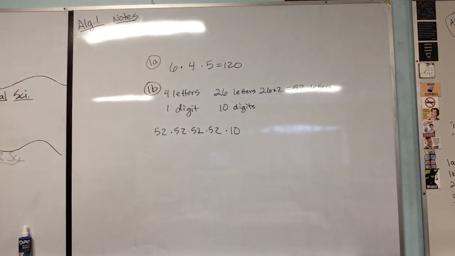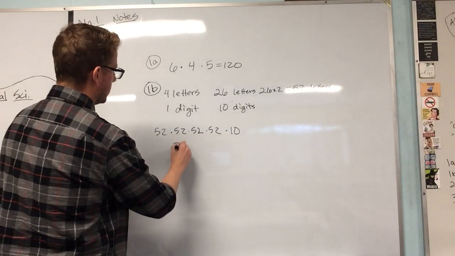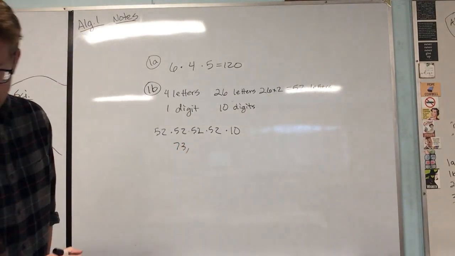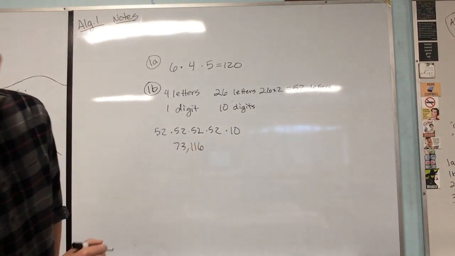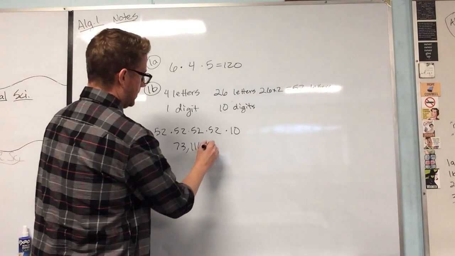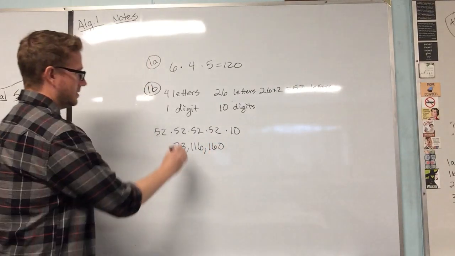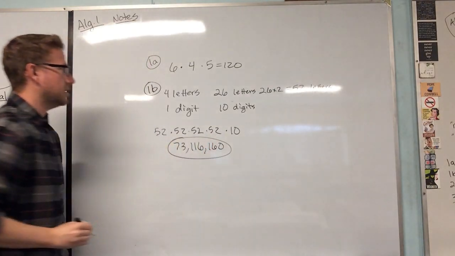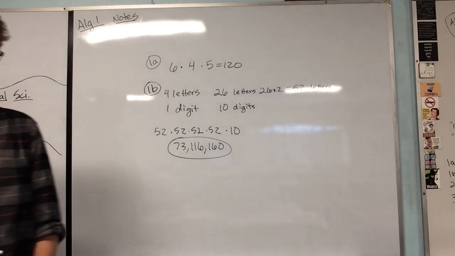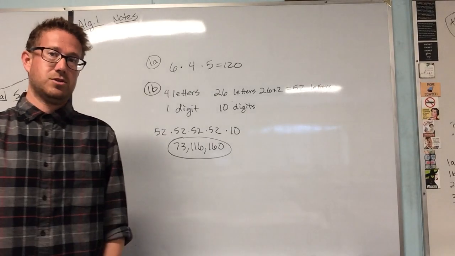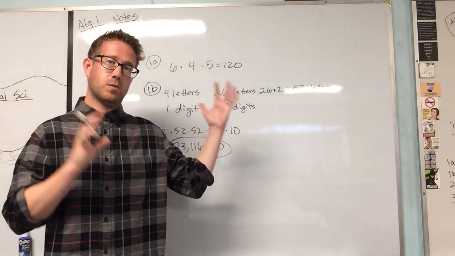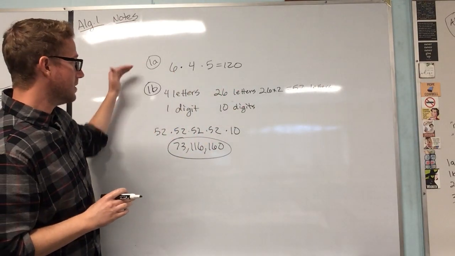And if you work all that out, you should end up getting 73,116,000 and then 160. All of this right here for one possible password combination. Okay, so that's for 1A, much simpler.